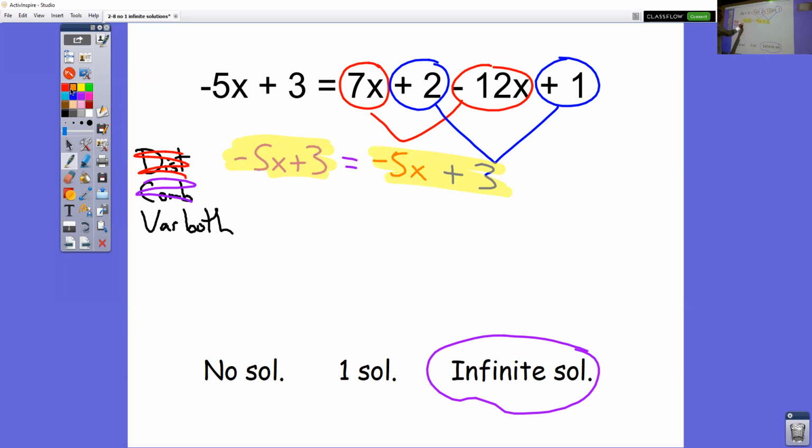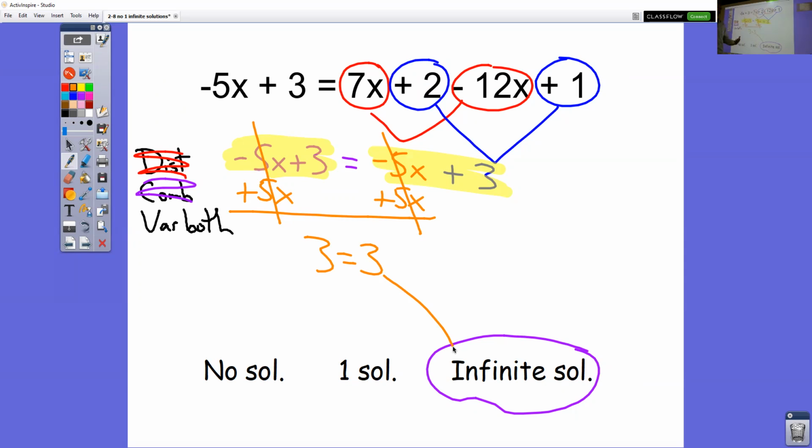The next thing would be variables on both sides. I would do plus 5x and plus 5x. Those would cancel out. These would cancel out. All I would be left with is 3 equals 3. When all the letters cancel out and you end up with the same thing on both sides, that is infinite solutions.